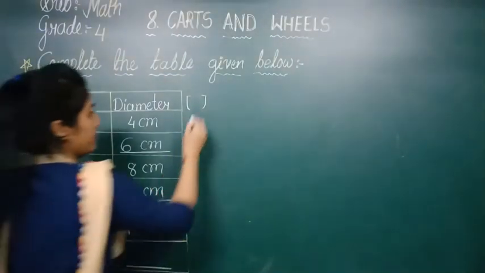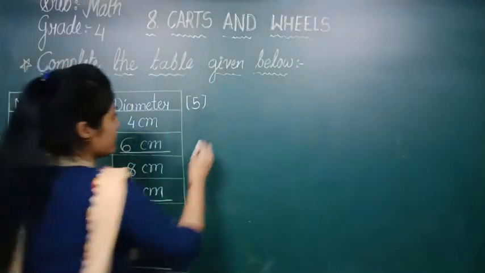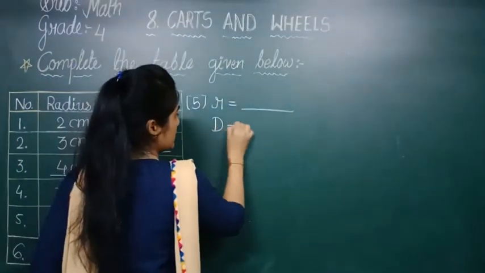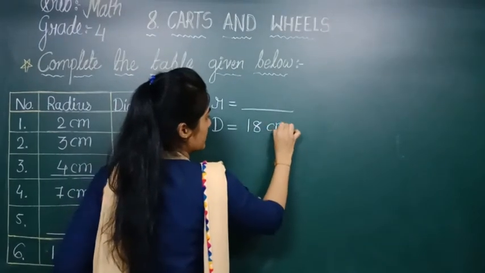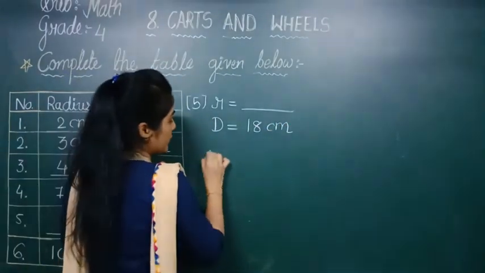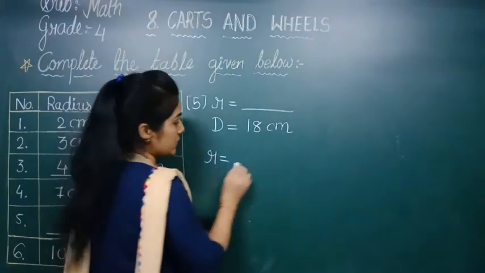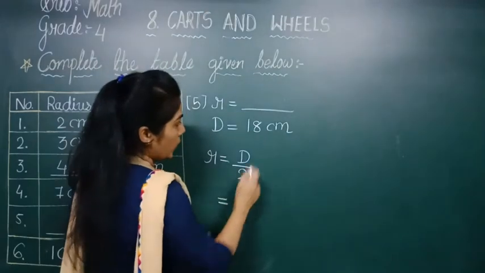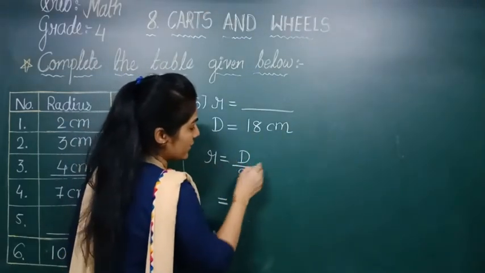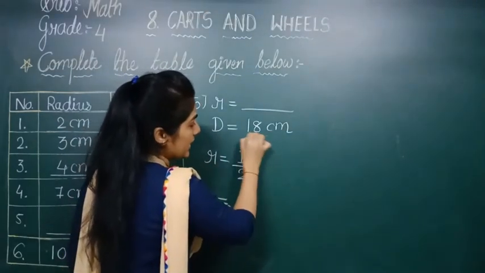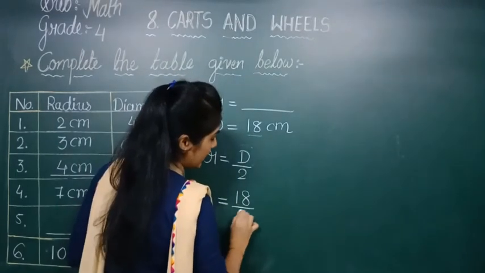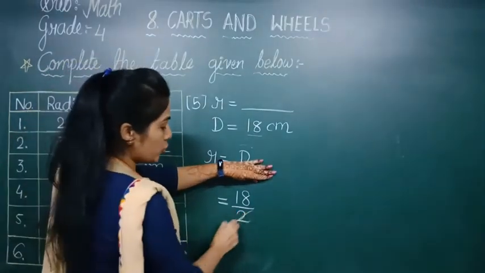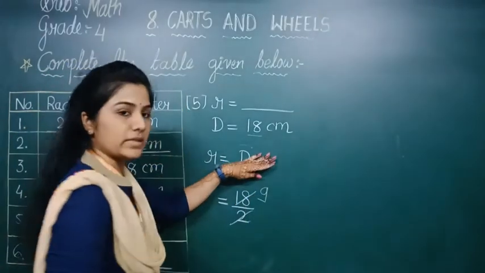Number 5. Radius we need to find and diameter is given 18 centimeter. So same formula we are using for the radius. R is equal to D by 2, meaning D divided by 2. So instead of D value we are writing 18. 18 divided by 2. You all are aware of the table of 2, that 2 nines are 18.